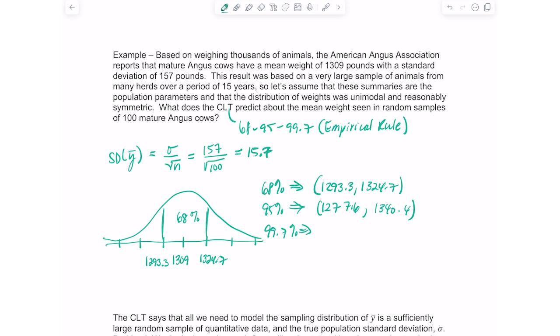And that would be 1261.9 pounds and 1356.1 pounds. So we can say that approximately 68% of the Angus cows would have a mean weight between those two values. About 95% of the Angus cows would have a mean weight between those values, and about 99.7% of Angus cows would have a mean weight between those values.